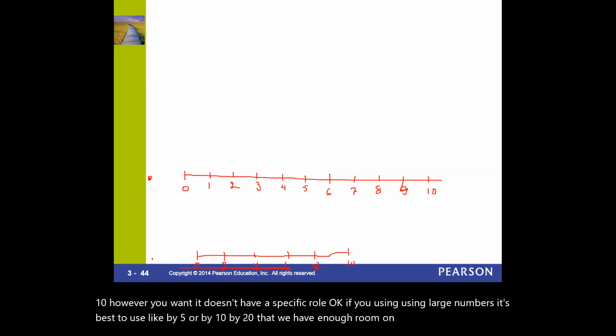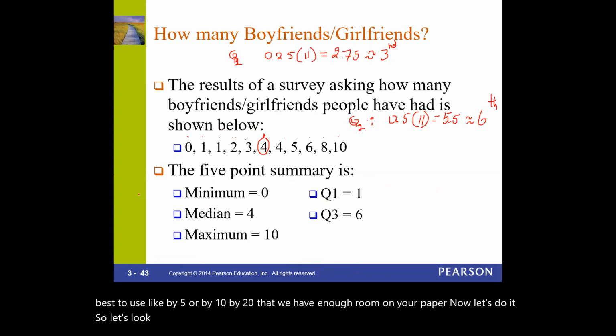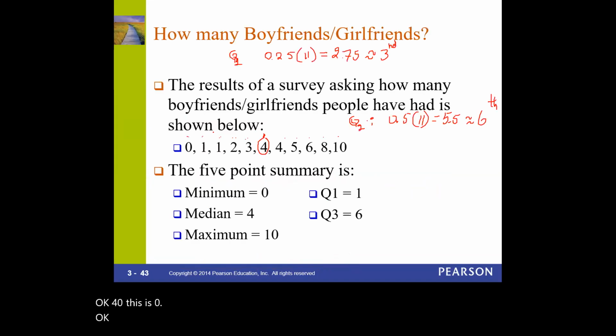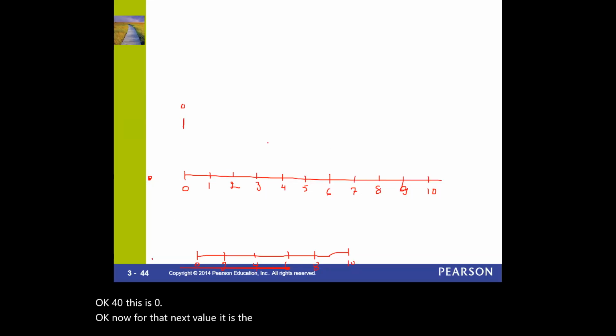Now let's do it. Let's look at the values one more time. The minimum is 0, so I'll put a bar here for 0. Some people like to put a dot, but that's fine too. You can just put a small bar. Next value, Q1, is 1.